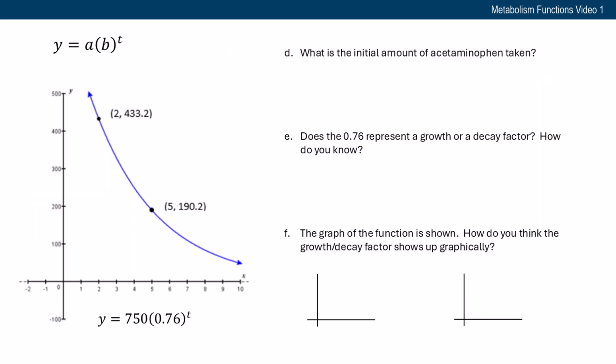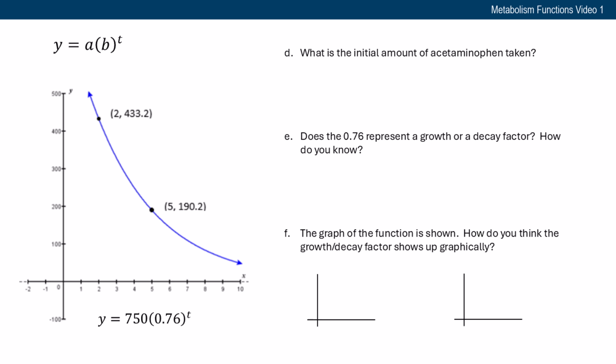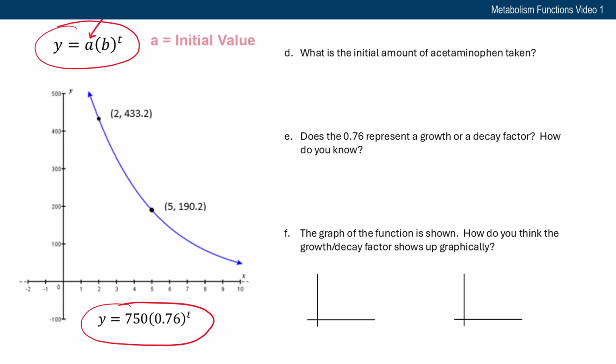All right, now we're on to part D, and it says, what is the initial amount of acetaminophen taken? We talked about our exponential function up here, and you'll notice now at the bottom of the screen, I have this function written. Remember earlier we talked about the A represents the initial value.